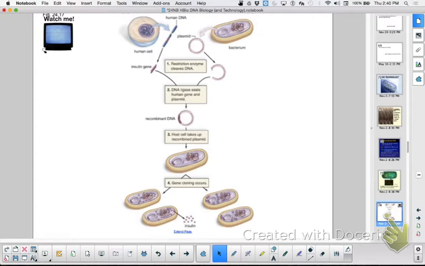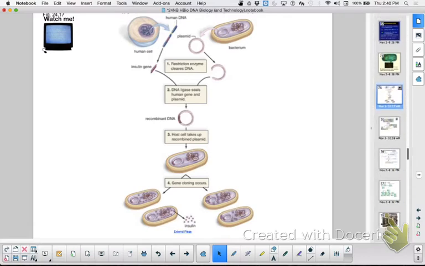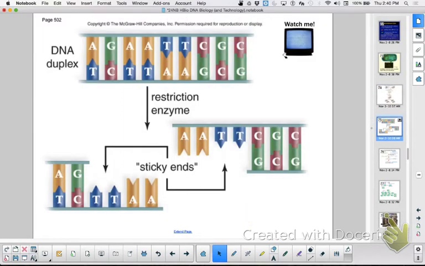And as long as you cut the plasmid and the two pieces of DNA with the same restriction enzyme, then the same sticky ends will be there. Do you remember what sticky ends are? They're like matching. Complementary. Here I'll show you a piece of sticky ends. This wouldn't work if you had a blunt cut.